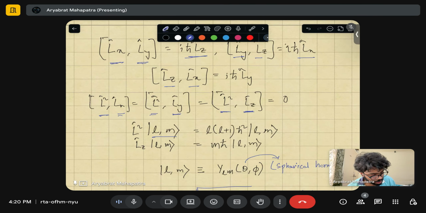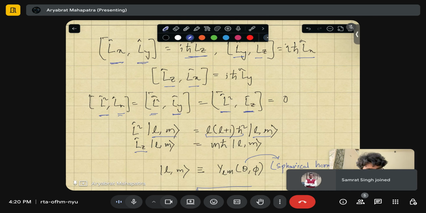You get this eigenvalue, and since they are eigenstates, you will get the state back again. And if you operate Lz, since these are also eigenfunctions of the Lz operator, you get M h bar.